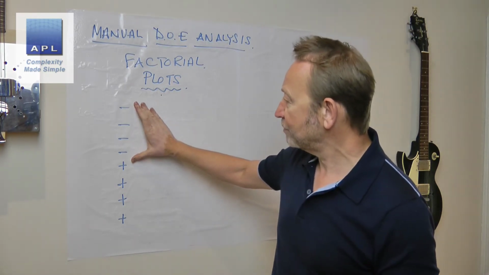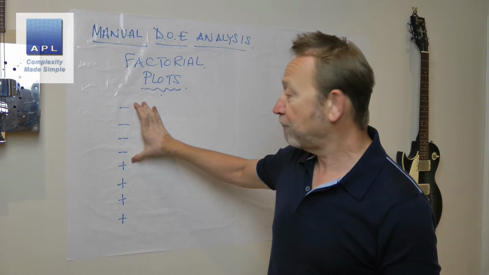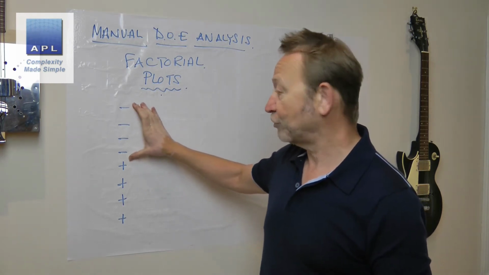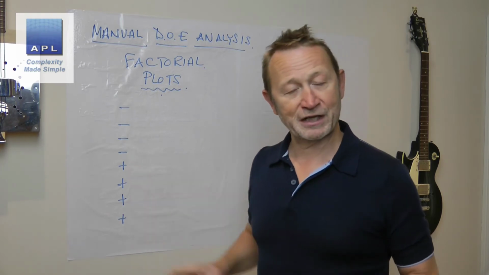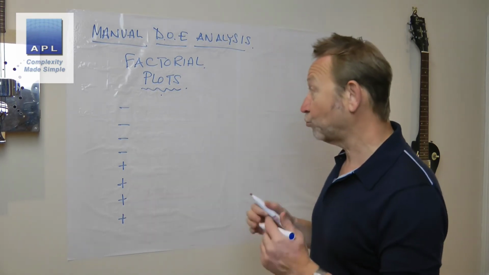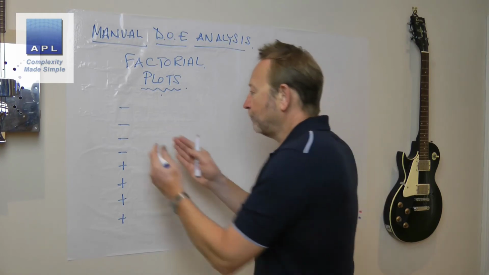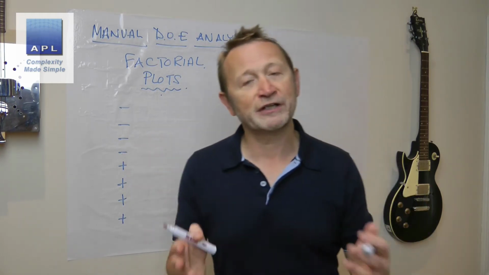It is split 50-50 for low values, indicated by the -1, and high values, indicated by the +1. Of course, you're going to substitute those values for real numbers.